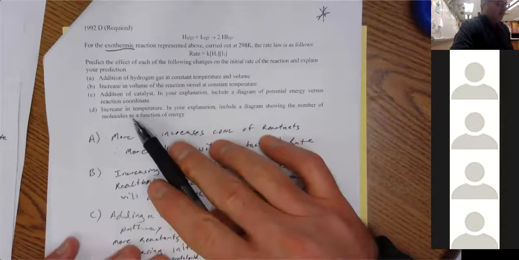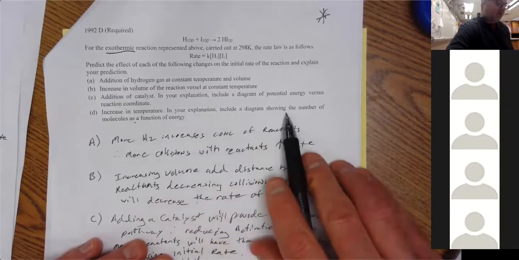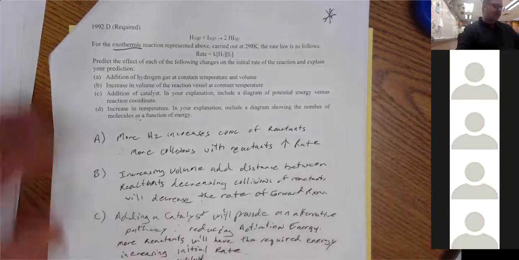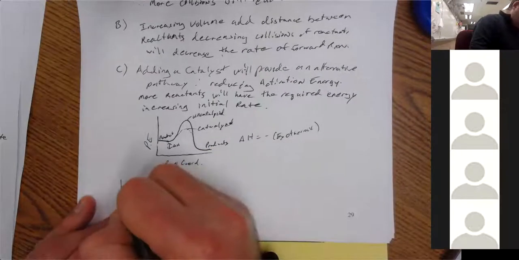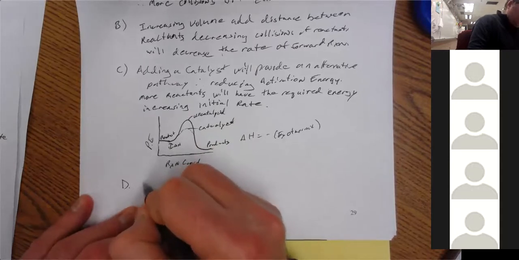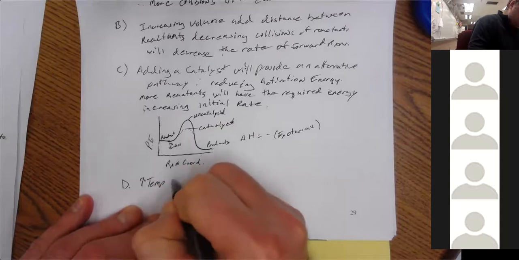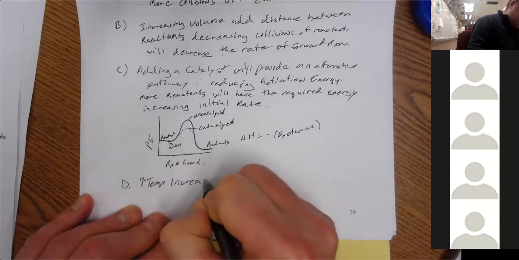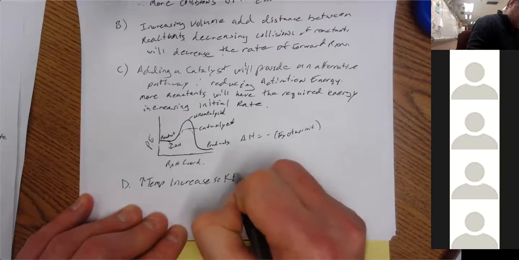All right, the increase in temperature. In your explanation, include a diagram showing the number of molecules as a function of energy. So if we take a look here, increase in temperature increases the kinetic energy.